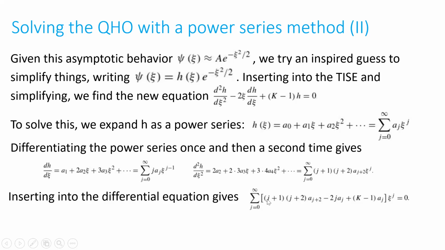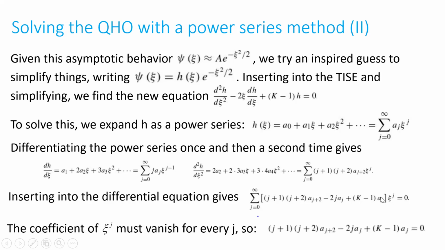So for every j, this series must be 0. Okay, so when we have a power series and it's equal to 0, the coefficient of every term, the c to the j here, has to go to 0. So that's saying the coefficient of c to the j must vanish for every j. So that means that what appears in brackets here, j plus 1, j plus 2, etc., must be 0.